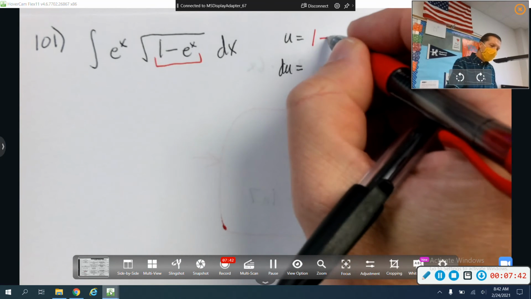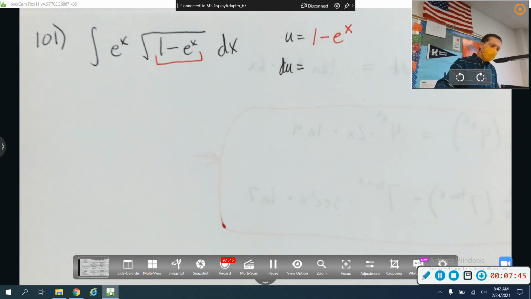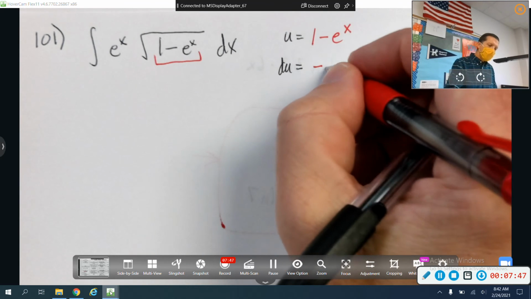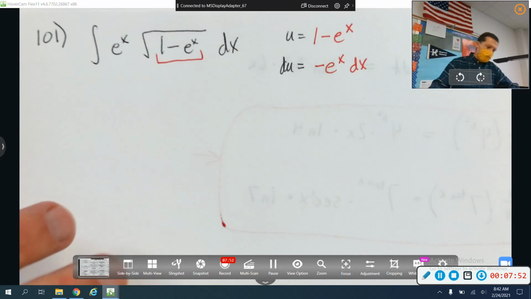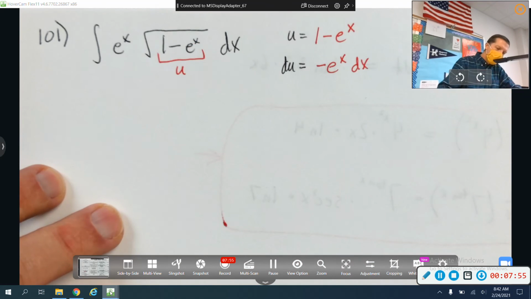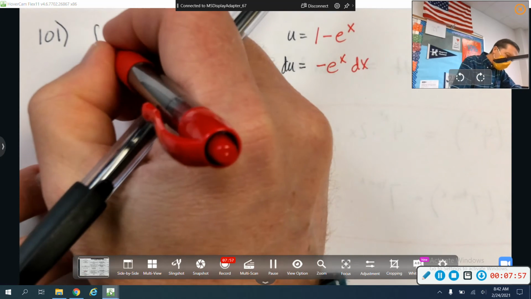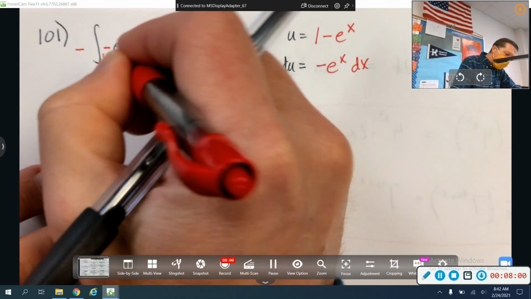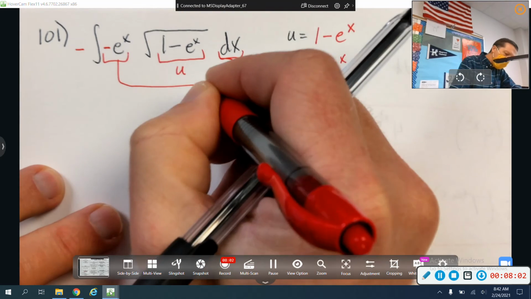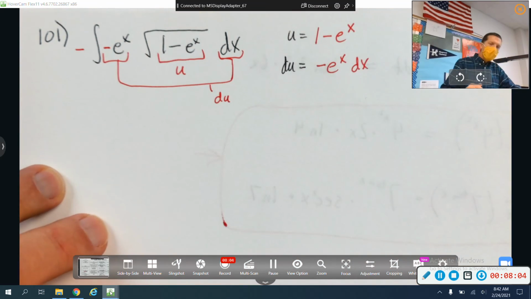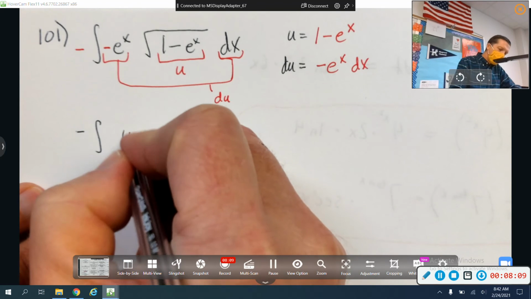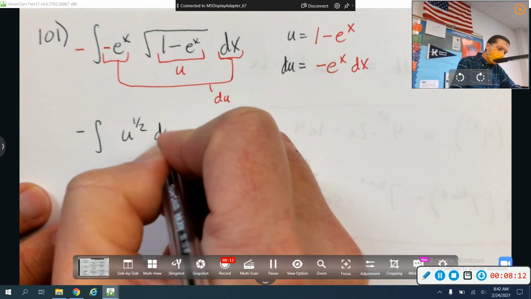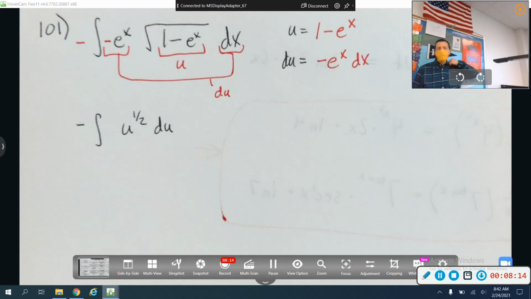Let's go with 1 minus e to the x, because the derivative then would be negative e to the x dx. So this is u, and we can make this du if we put a negative on there. So negative integral of, I'm going to change that to the 1/2 so that I can integrate it without messing it up, rather than trying to integrate a square root.